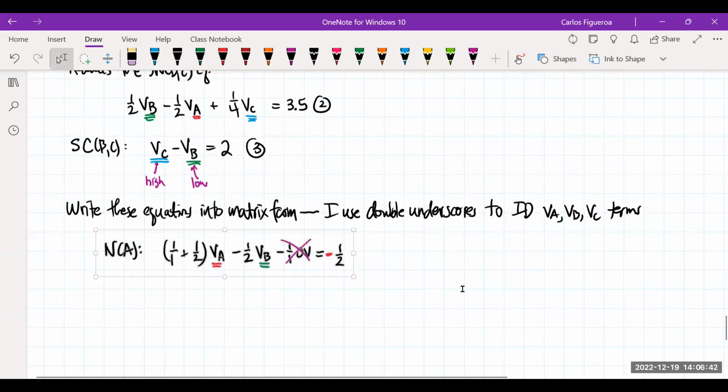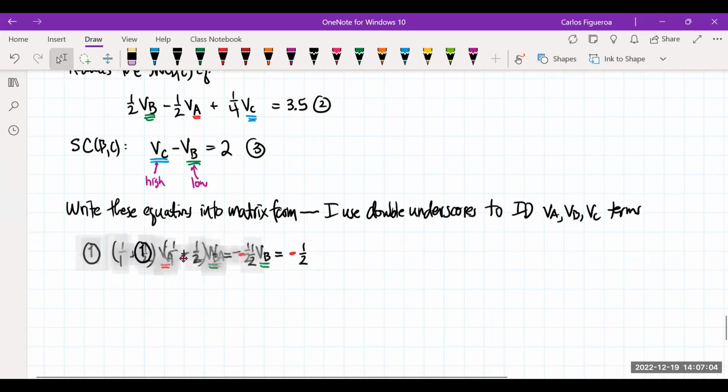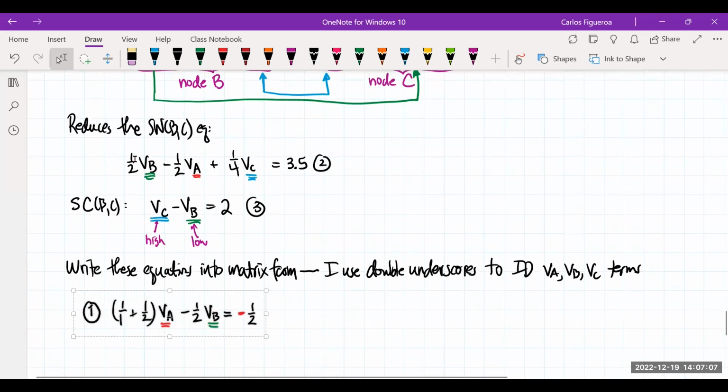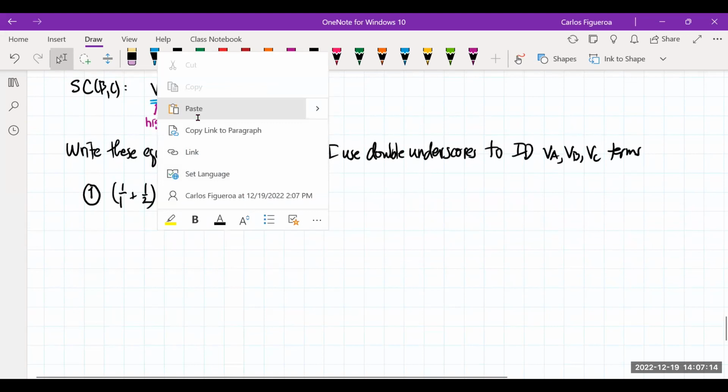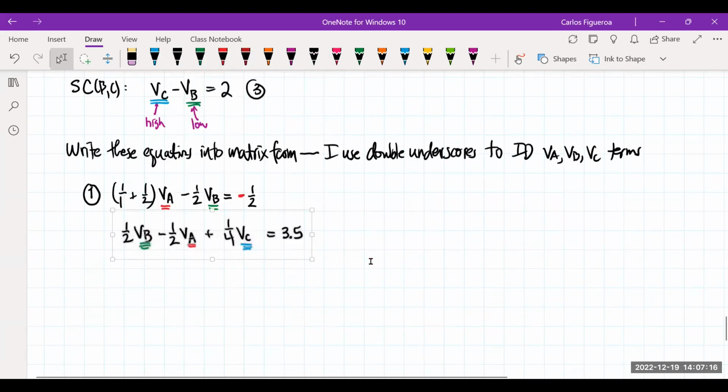So let's look at this guy. If I clean this up just a little bit, here's my first equation. I'm going to call this one 1, and you can see how I have VA right there. Now I'm going to get this guy right here. This is the second equation.